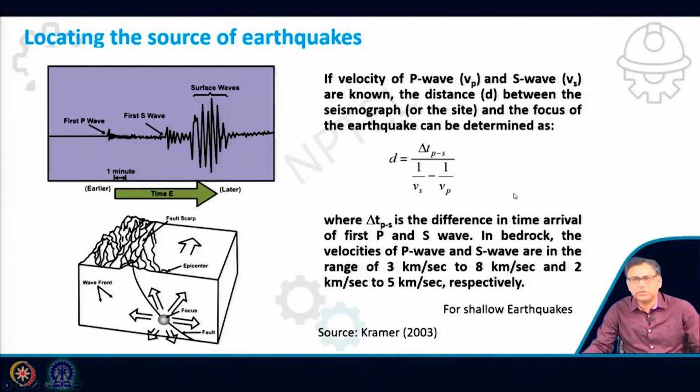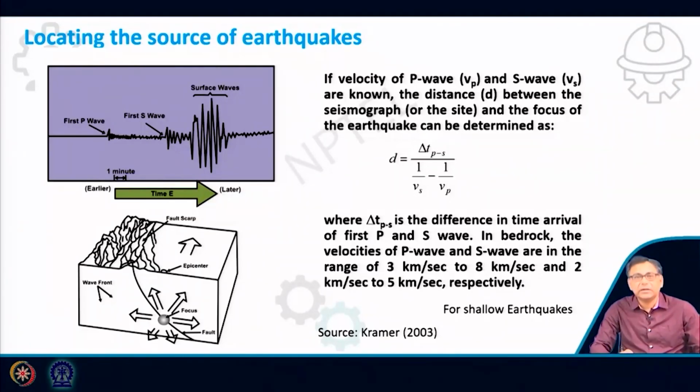Generally, we can take the velocity of the shear wave as 3 km per second, with a range of 2 to 5 km per second, and the P wave velocity as 6 km per second, with a range of 3 to 8 km per second. That means if it is a shallow earthquake, then this d we can treat as the distance between the epicenter and the site of interest.